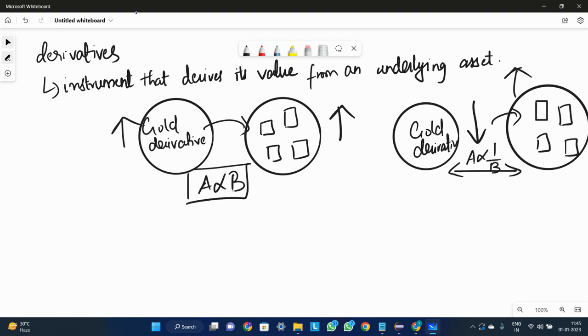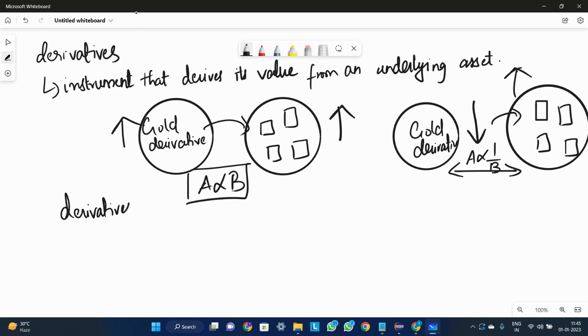Now let us try to understand what are options. There are different kinds of derivatives available in the market. Let us see what they are.